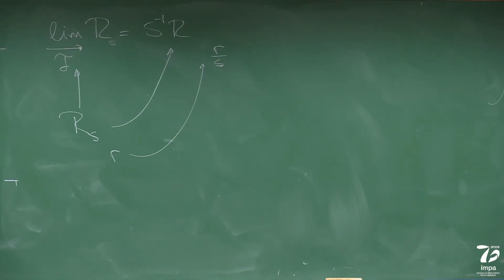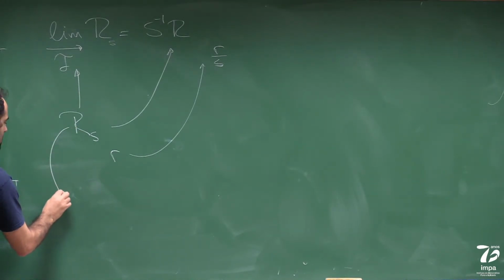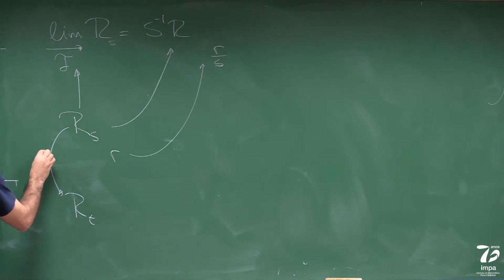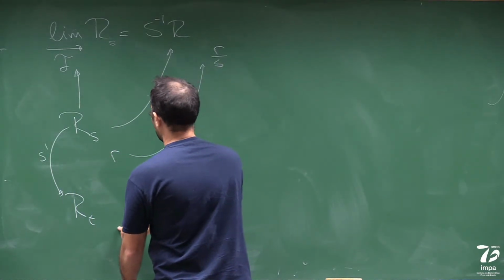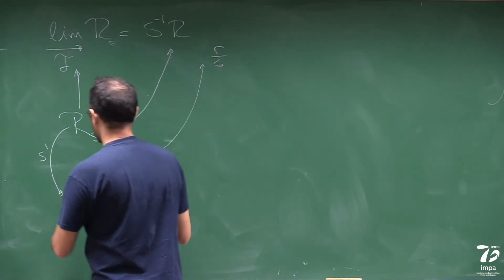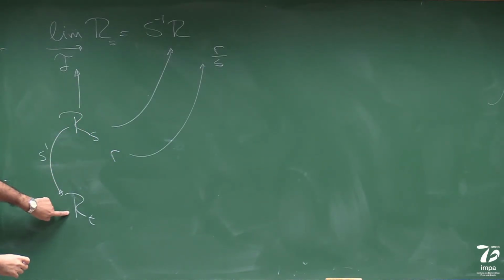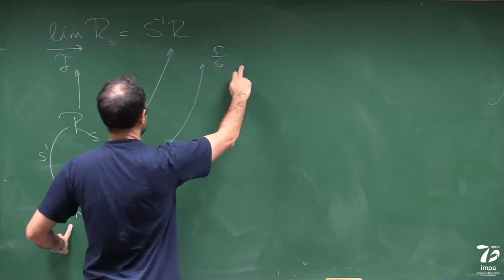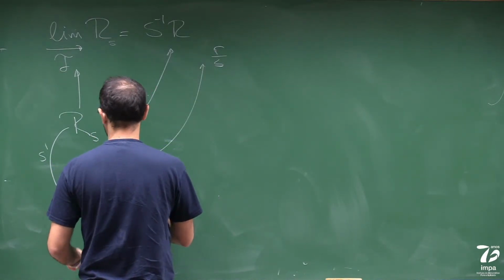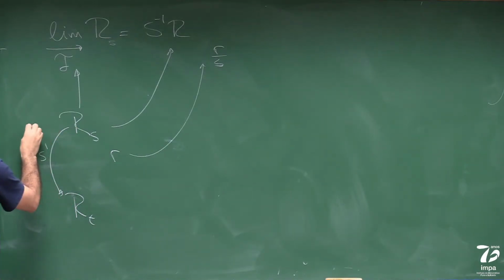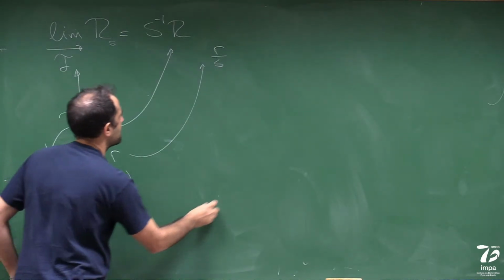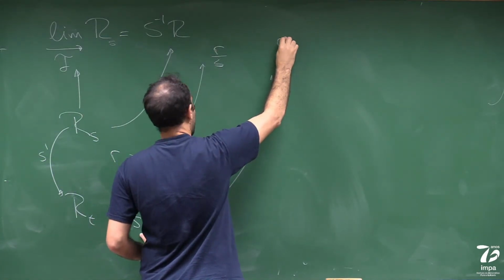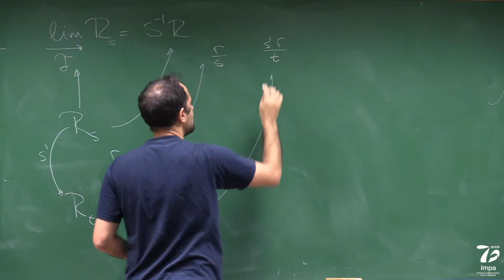Now, if I have a morphism from this R_S to R_T, which is given by multiplication by S prime, the map from R_T to S inverse R is given by, well, let's take a guy here, R. You map it here by sending it to S prime times R, and you map it here by sending it to S prime times R divided by T.